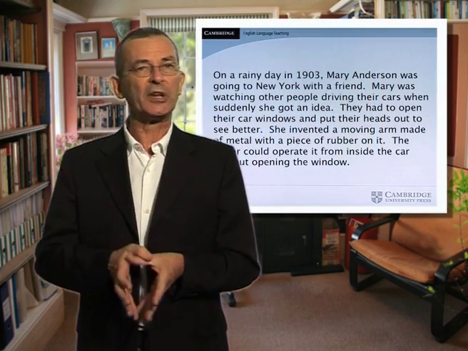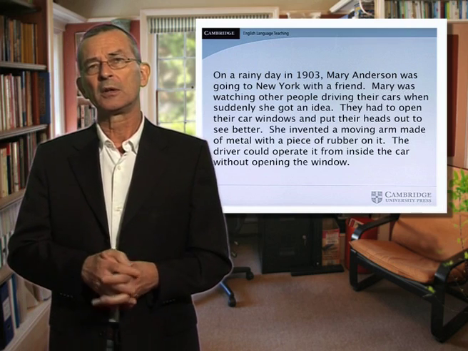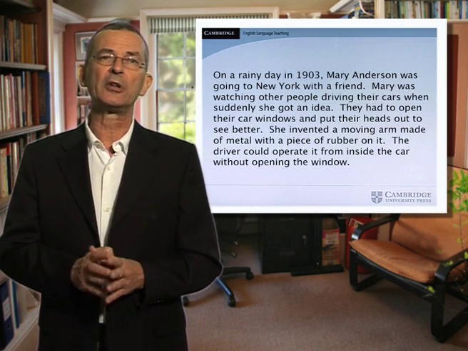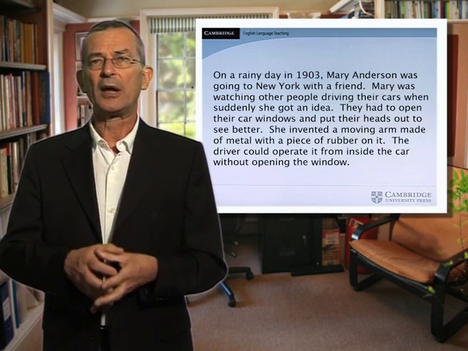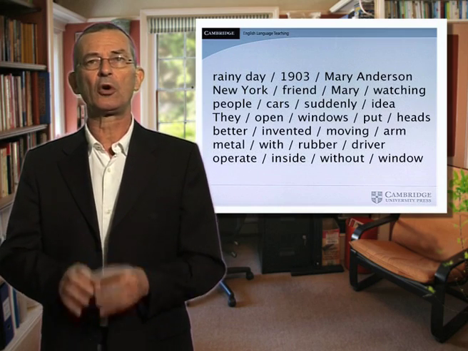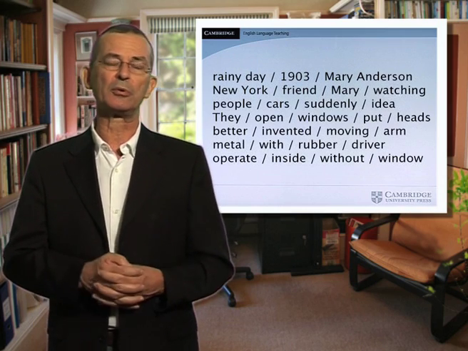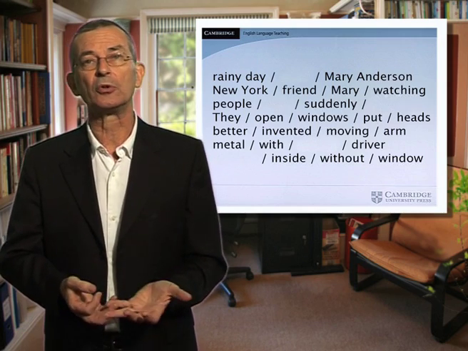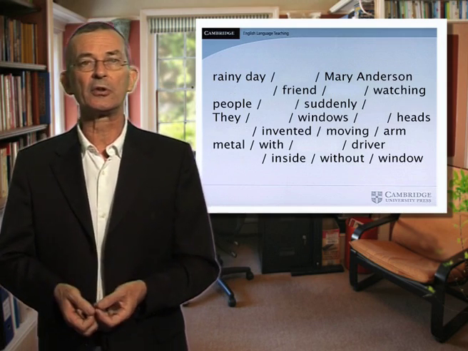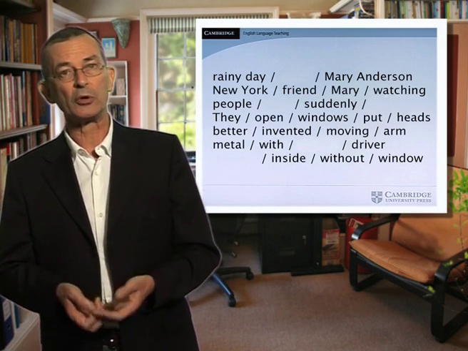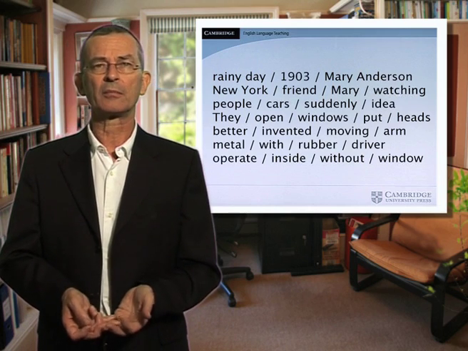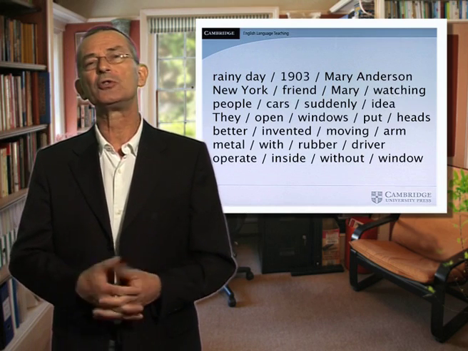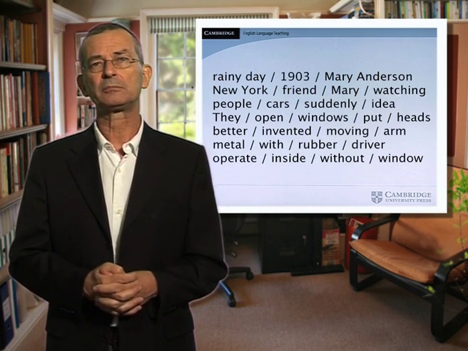Now, this activity doesn't take long to prepare. Just take a piece of text that your learners have already read and reduce it to some of the main content words, as in the example we've looked at. If you take more words out, of course, the task gets harder for the learners. Leave more words in, and it gets easier. You decide how hard you want the activity to be.